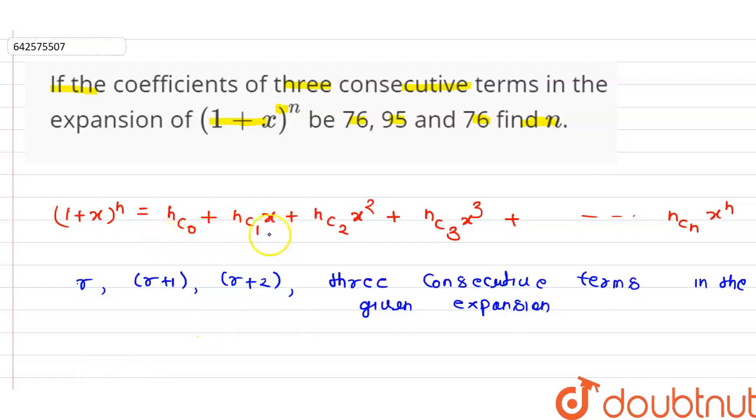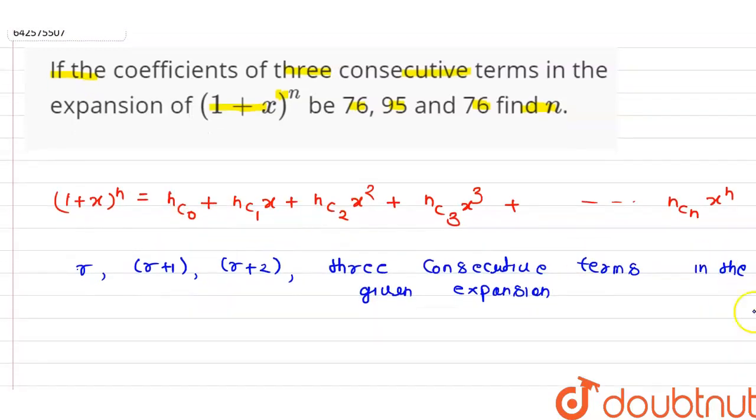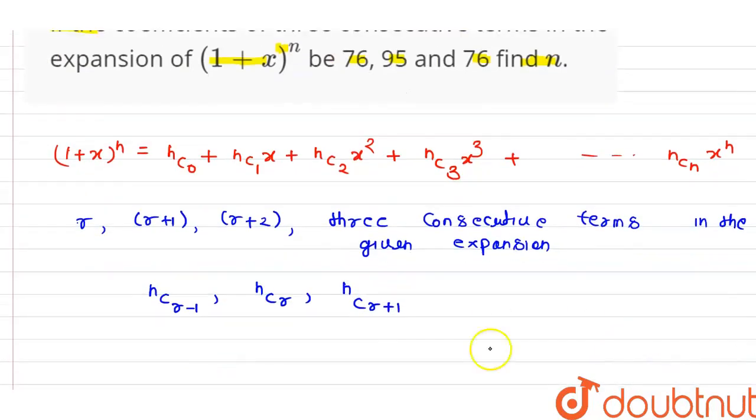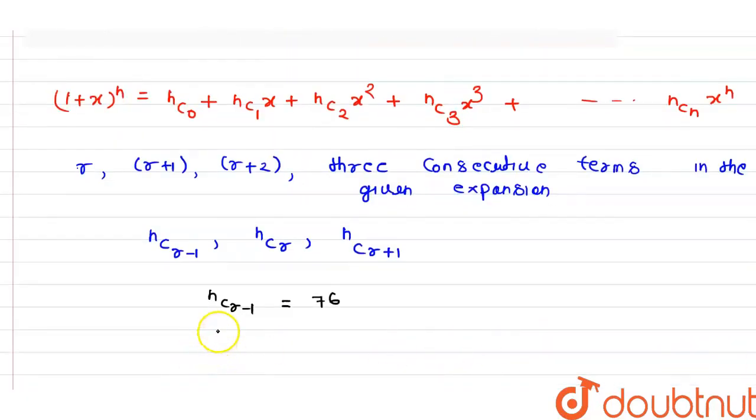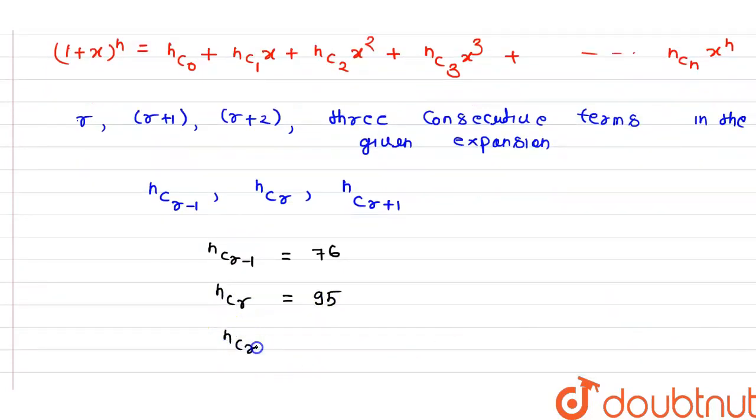Then according to the expansion, the coefficients of these terms will be nC(r-1), nCr and nC(r+1). According to the question, nC(r-1) is 76, nCr is 95, and nC(r+1) is 76.